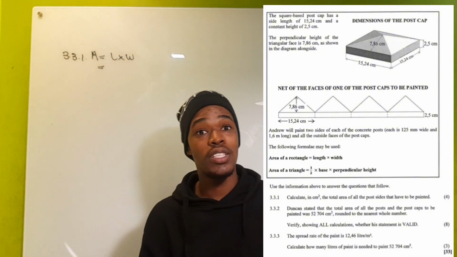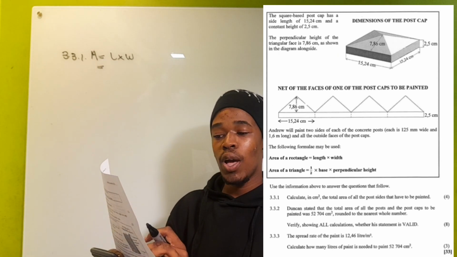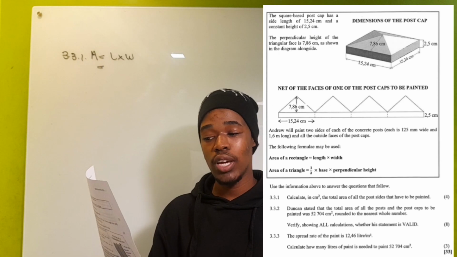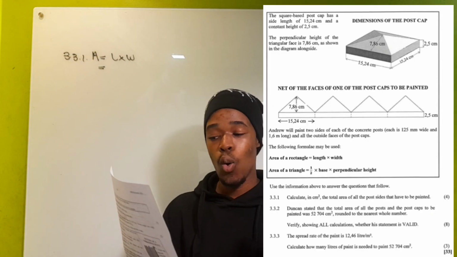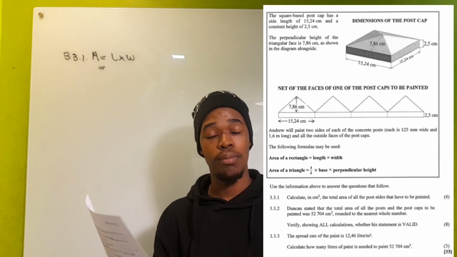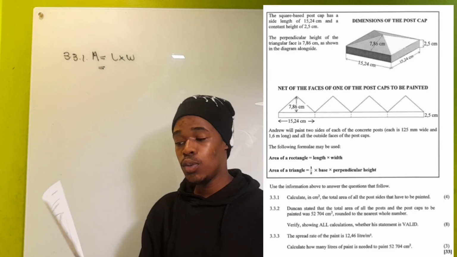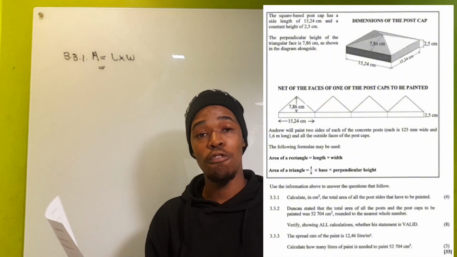Now let's go look for the dimensions. We're going to use the dimensions where it says Andrew will paint two sides of each of the concrete posts. Those are the dimensions there: 125 millimeters as our width and 1.6 meters as our length. But as we can all see, we have our dimensions in different units of measurement.